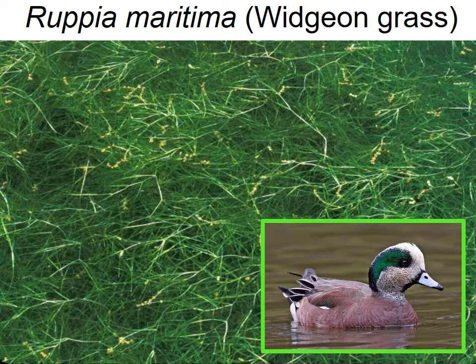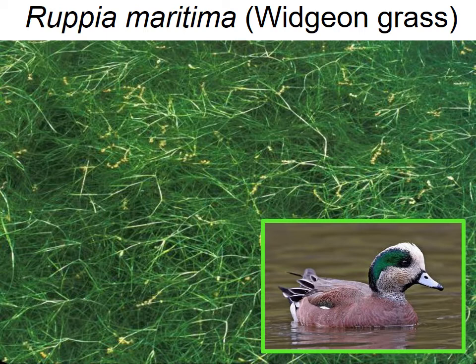They're like very, very fine little slivers of grass. Something that you can tell from this image that also helps distinguish Ruppia from Halodule is that Ruppia, the widgeon grass, has a branching shoot morphology. So you'll see these little clumps of fine blades that branch off of a central stem.